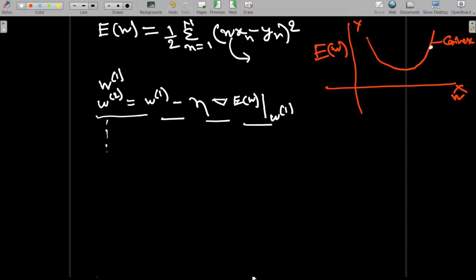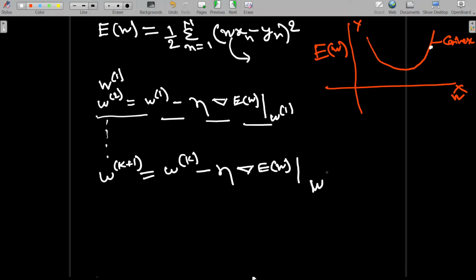Similarly, if you go for Wk plus 1, that would be Wk minus eta step in the negative direction of its gradient of the error function at point k. So calculate the gradient of this error function on point k.